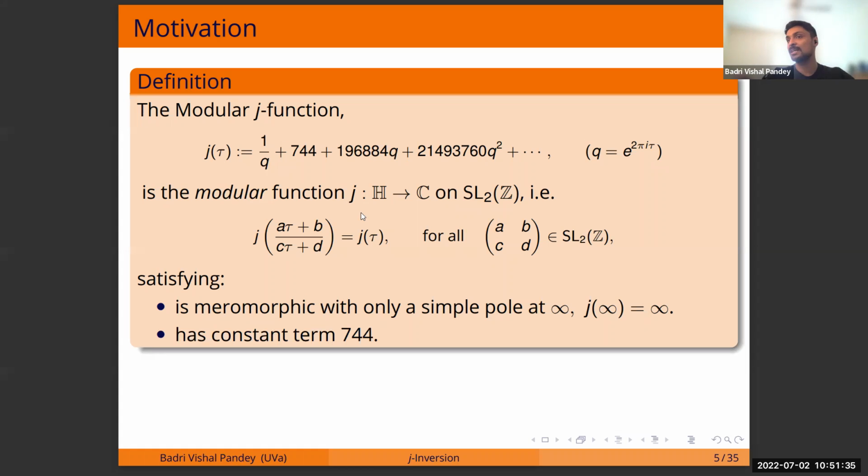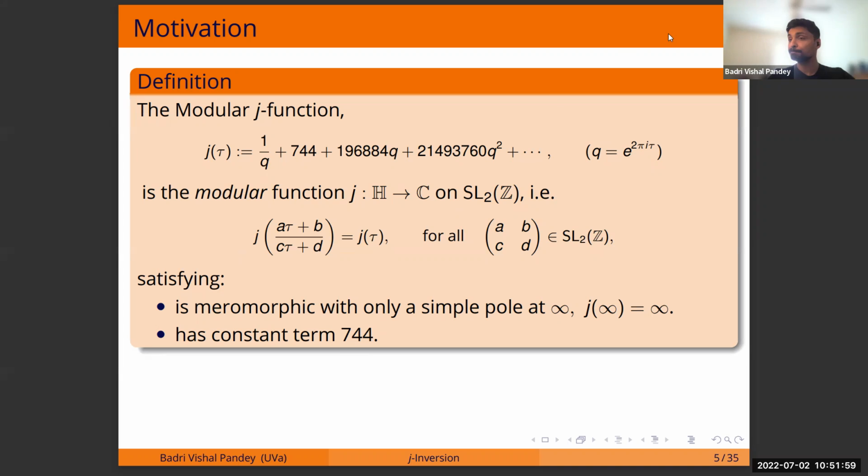And second, it has a constant term equal to 744. If you have these two conditions, this is actually a unique such function. And 744 is just for historical reasons. As you can see, if you add any constant to this function, you will still get a modular function, because that will also satisfy this condition, right? So the 744 is there just because that's how it has been used in the past.